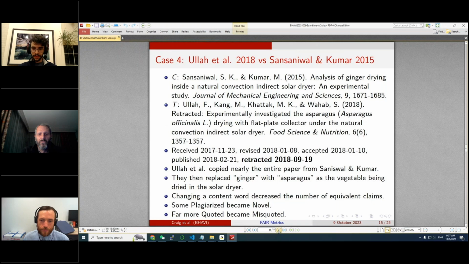Now, on the one hand, this does disguise some of the novel statements by changing their meaning, but on the other, it actually leads to a much larger number of misquoted statements because they kept a lot of the original citations, but now are claiming they're about statements about asparagus when they're actually about ginger.